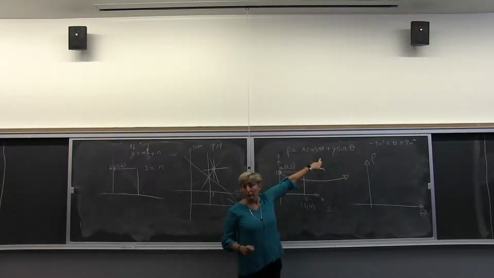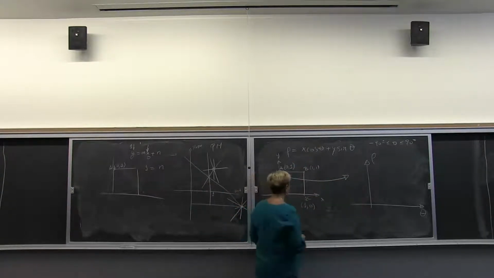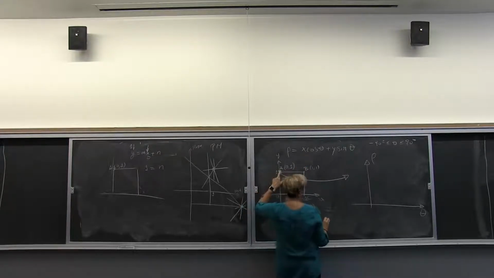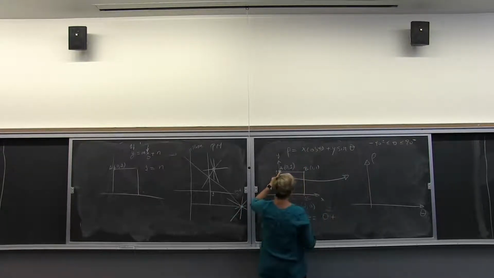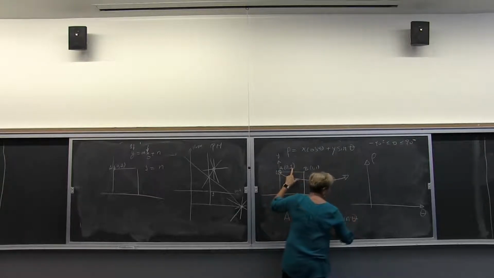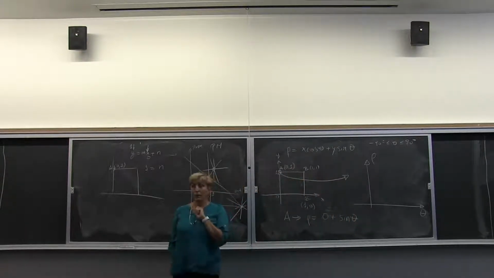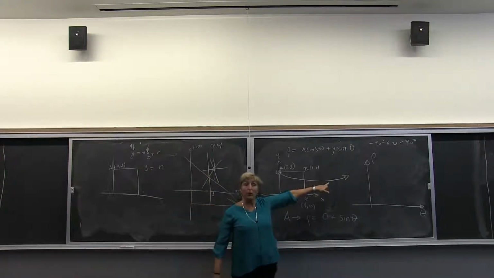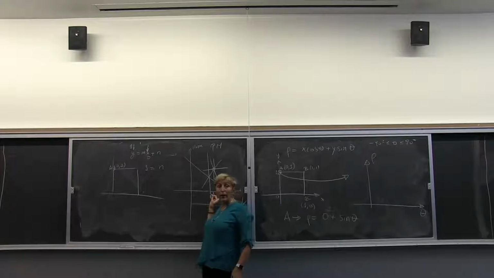So for A, rho has to be equal to x, which is 0, plus y, which is 1, times sine theta.